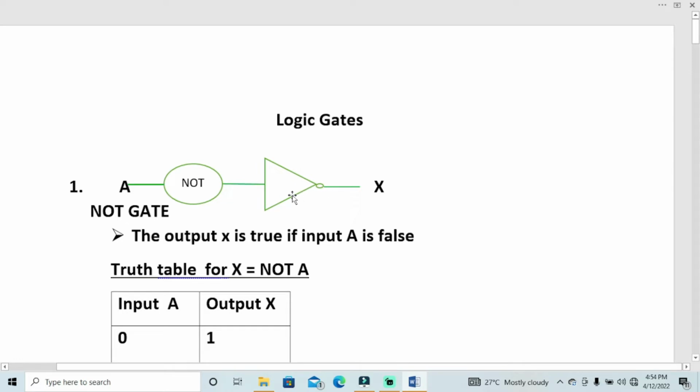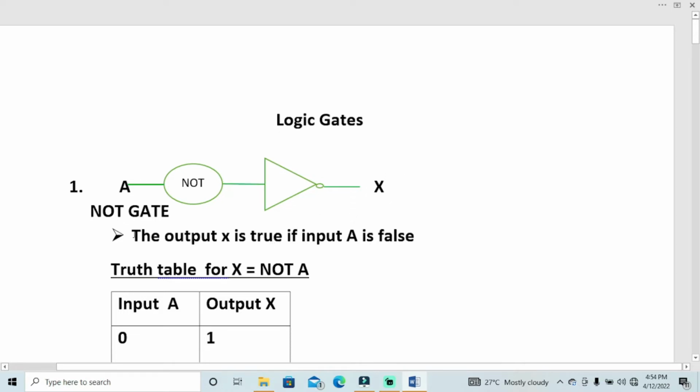The statement it follows is that the output X, which is here, is true. Before we continue, what you want to know is that true means 1, and false is represented by 0. So it says output X is true, which is this.